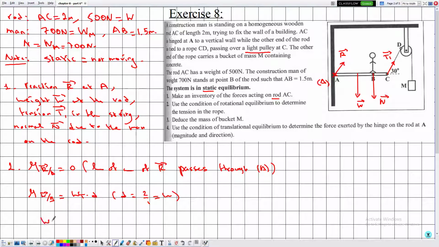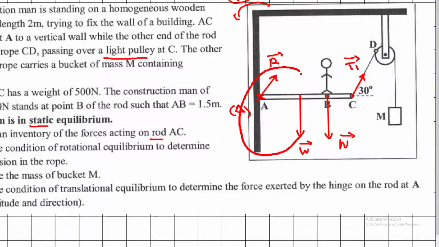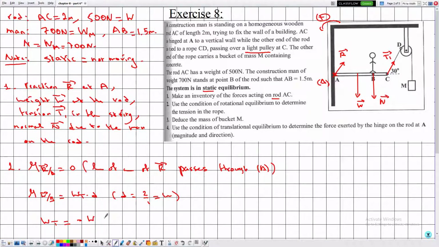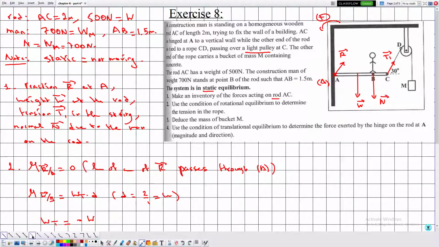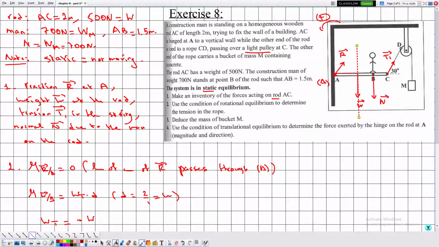Now the tangential component of W: if you consider this the positive direction of rotation, W will try to rotate in the negative direction, so it's minus W. And if you consider the radial direction, then this is the tangential, which is completely vertical, and W is vertical, so they are parallel to each other, so no need for the cosine.